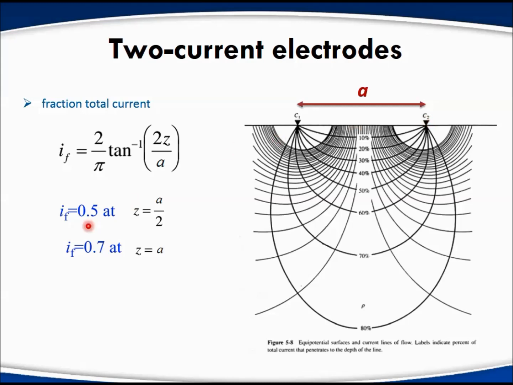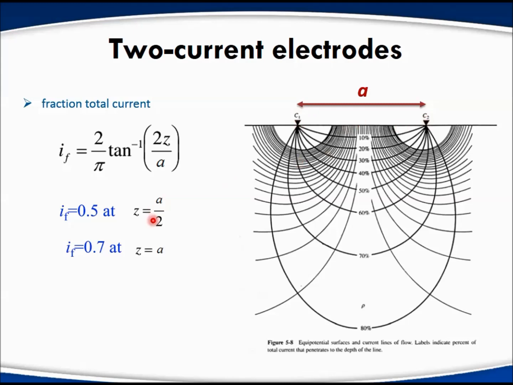We can see that the current fraction is almost 50% if the depth of penetration is equal to half of the total distance of the two current electrodes, meaning that 50% of the current flows when the depth of penetration is half of the total distance between C1 and C2.